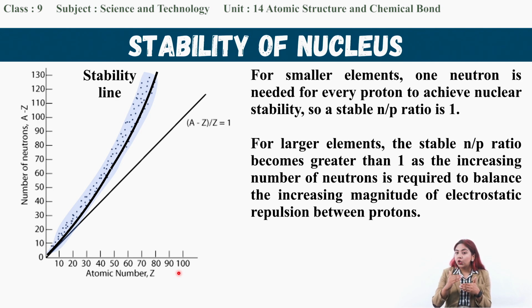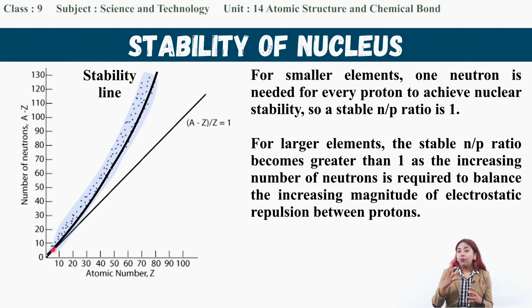If this ratio is 1, then the nucleus is stable. For smaller elements, the ratio of neutrons to protons is 1. So that's why smaller elements are comparatively stable.